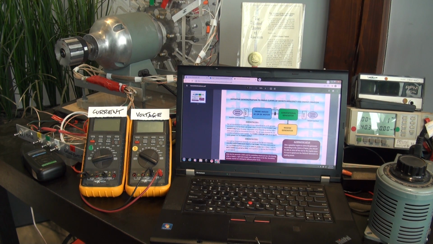So you'll be able to see the ReGenX generator operation, ReGenX quantum motor operation, and conventional generator operation. And you'll be able to observe the power consumption by the prime mover. And once again, we will be fulfilling all the obligations of the definitive demonstration criteria.